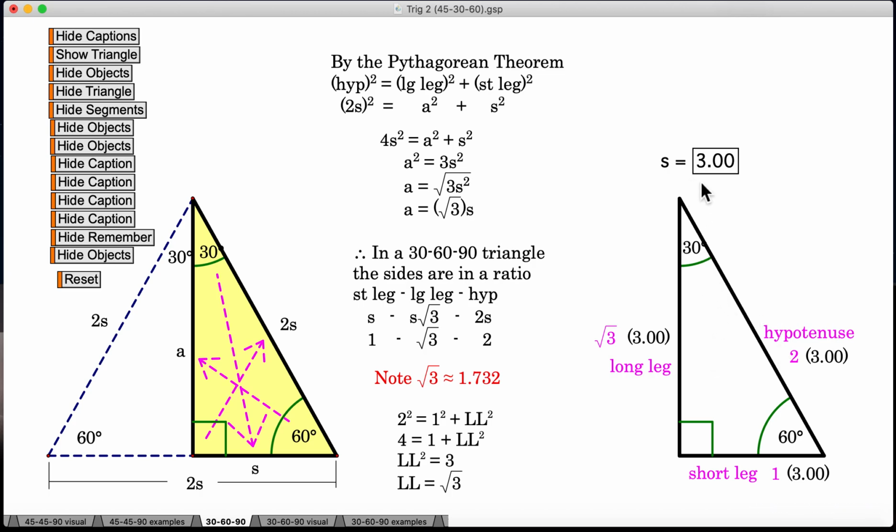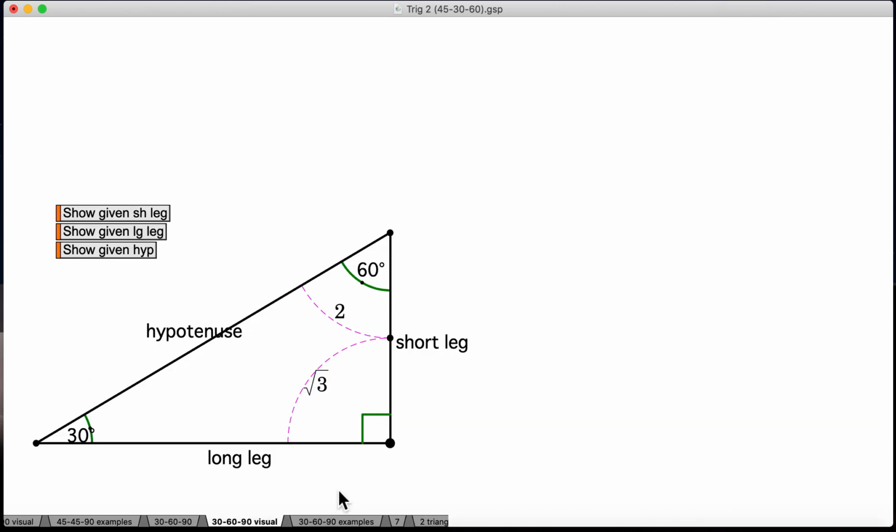Right now the short leg is 3, so the long leg would be 3 root 3, and the hypotenuse would be 2 times 3, or 6. If I change this to a 5, then the short leg is 5, the hypotenuse would be 2 times 5, or 10, and the long leg would be 5 times root 3. No matter what you do, okay? Very similar to the 45, 45, 90, but just different numbers.